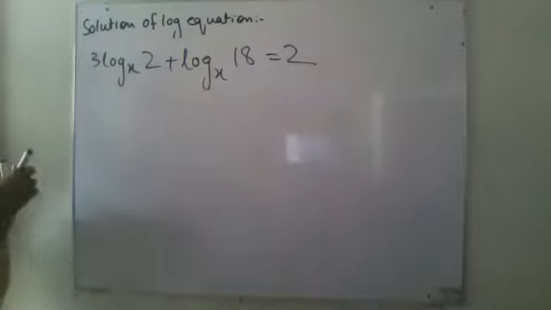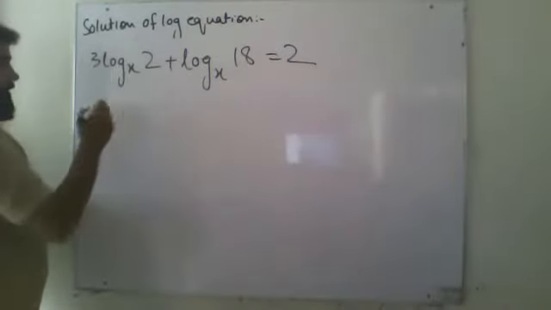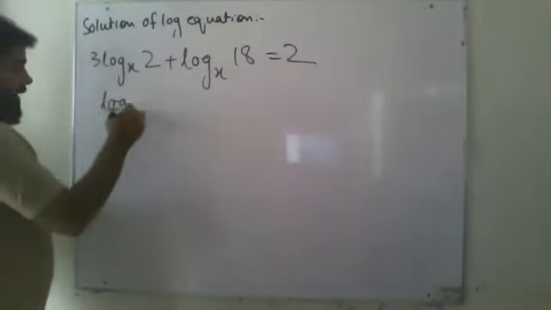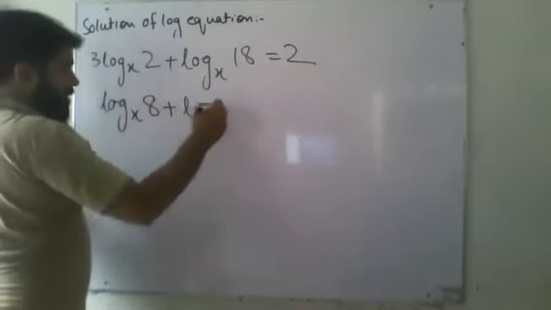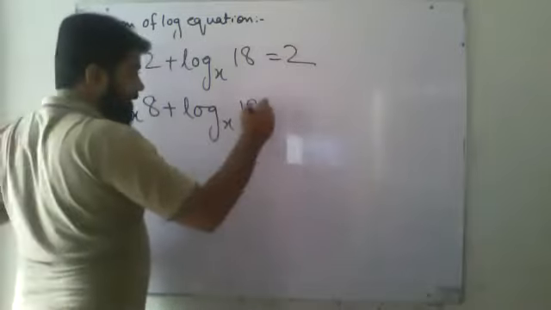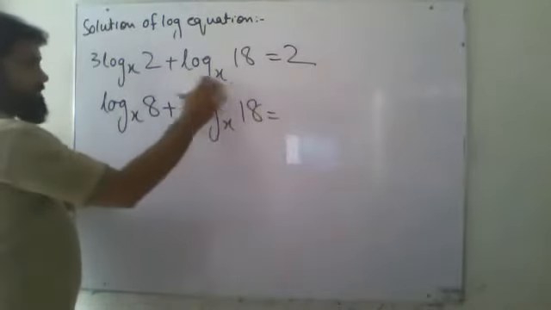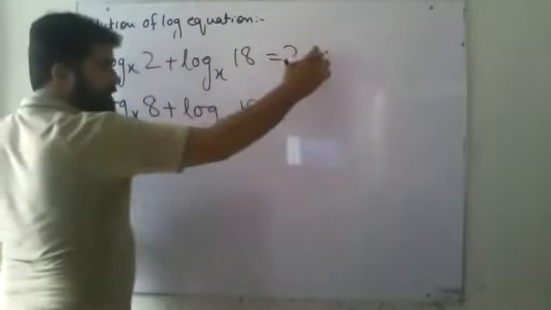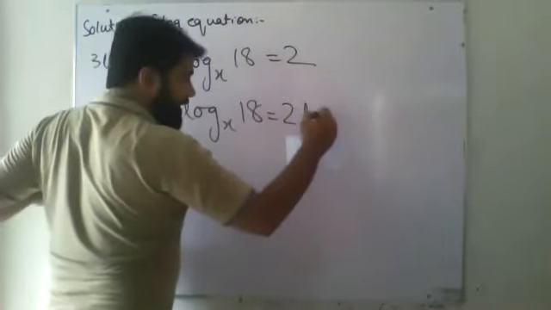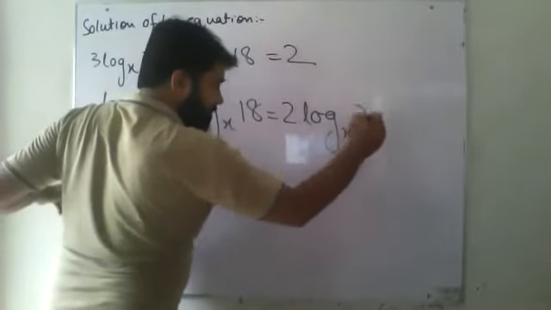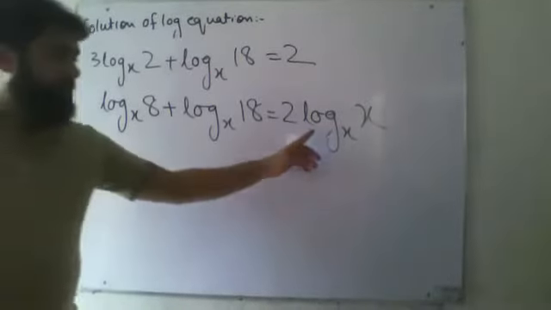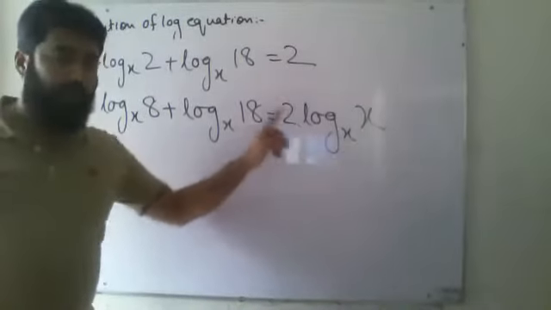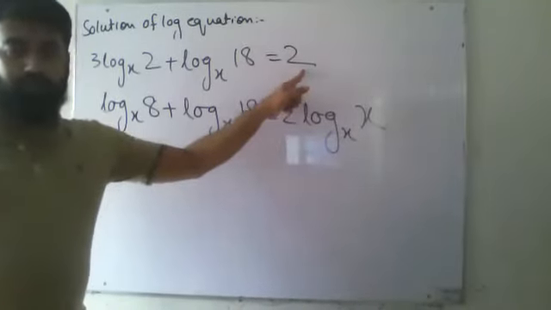First of all, this 3 will be shifted on log 2. So this will become 8 plus log x 18 equals to, this is log x, but there is no log over here, so I will write it like this. Base and multiple same. Result will be 1 if I apply log, and 1 multiplied by 2 will be equal to this thing.